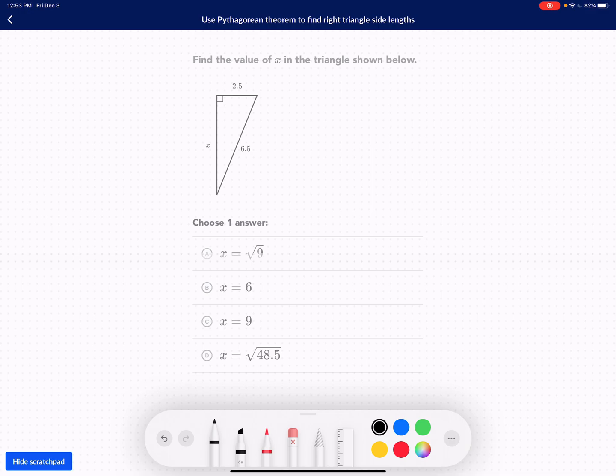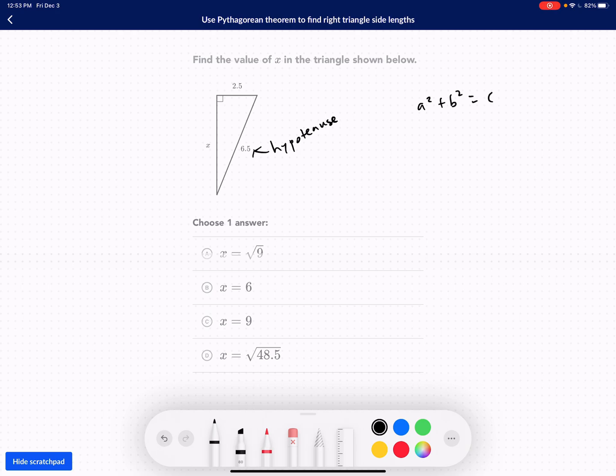I like to just label what the hypotenuse is. So that is the hypotenuse, and the reason why is because it is the longest leg here that you can see. And then I will start by writing out my equation as well.